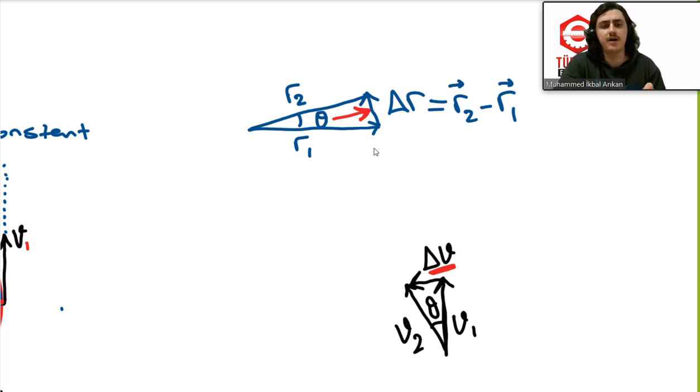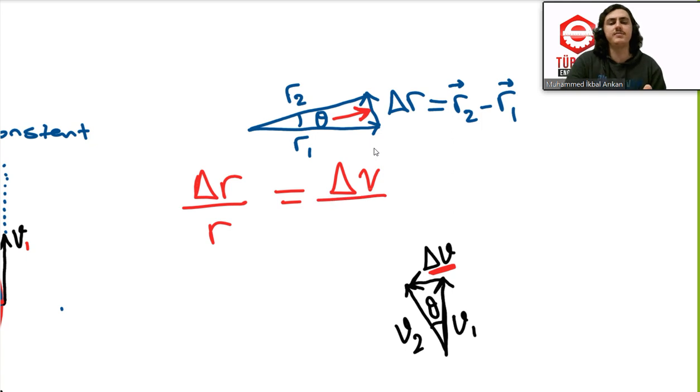R1 equals R2 and V2 equals V1. So this is delta R divided by R, delta R being opposite to the angle theta. So I will put the side opposite to angle theta here. What is opposite to angle theta? It is just delta V. So I will put delta V here.